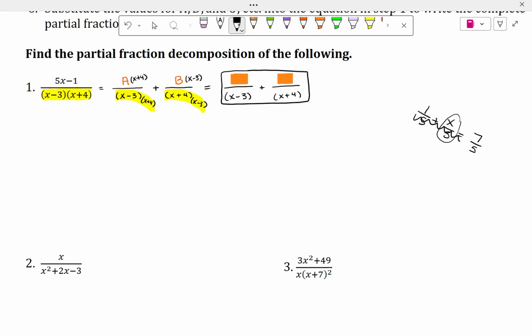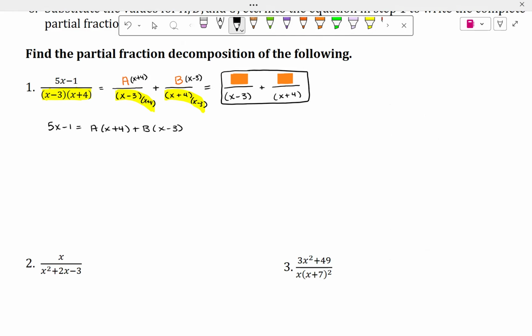I didn't actually need the denominator 5 to figure out that x needs to be 6. So once the denominators are common, all the same, you can work in just your numerators. So I'm going to write out my numerator as 5x minus 1 equals A times x plus 4 plus B times x minus 3.